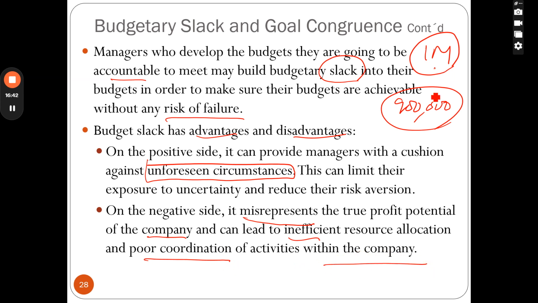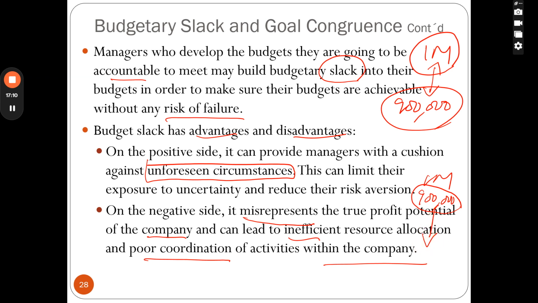So in this example, the sales manager knows that he is going to sell 1 million, but he made a budget for 900,000 only. And we know that there is a relationship between different budgets. So when he says 900,000 units will be sold during the year, your production manager is going to act accordingly.